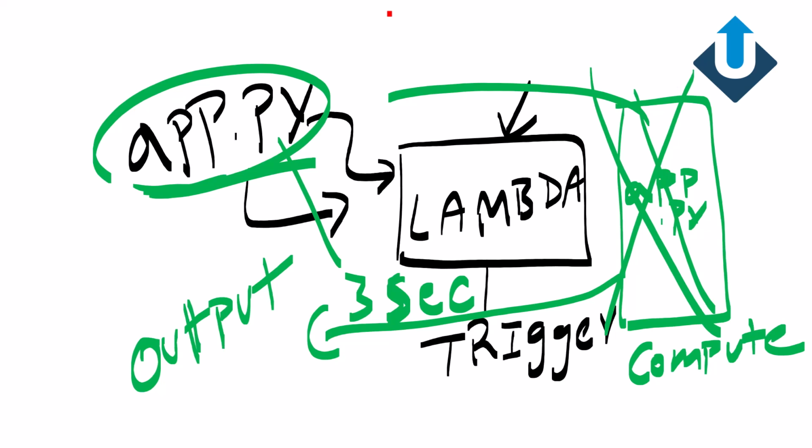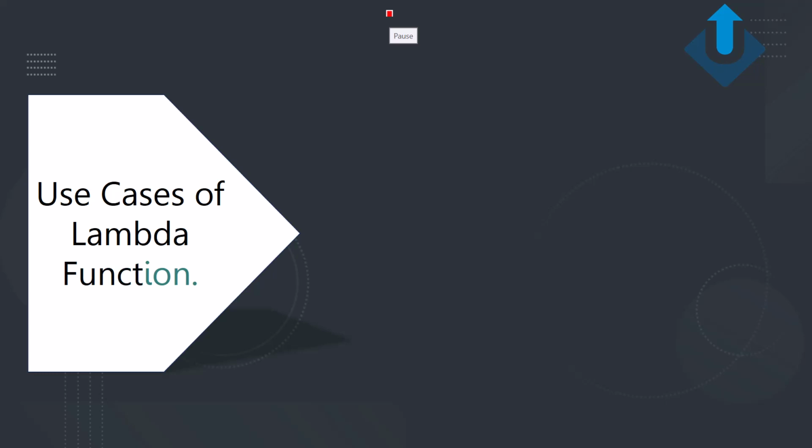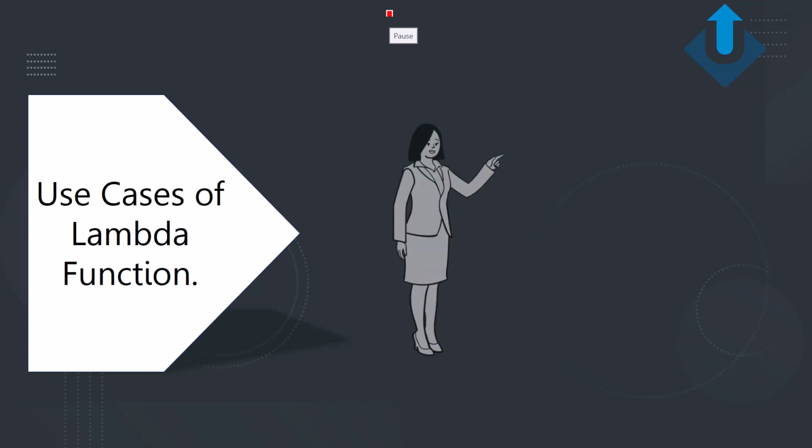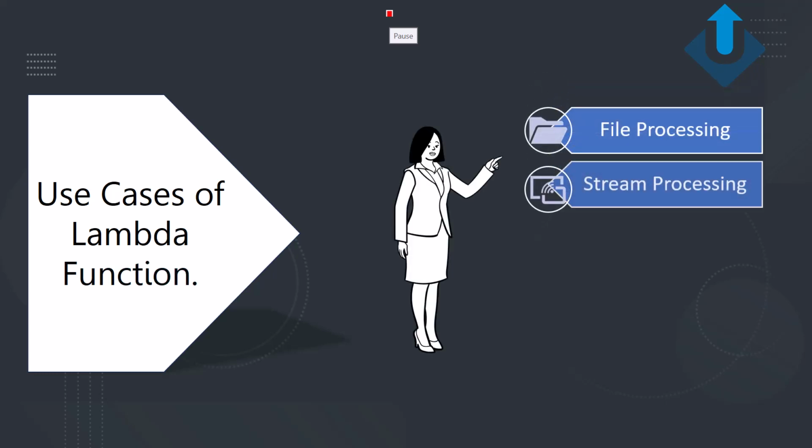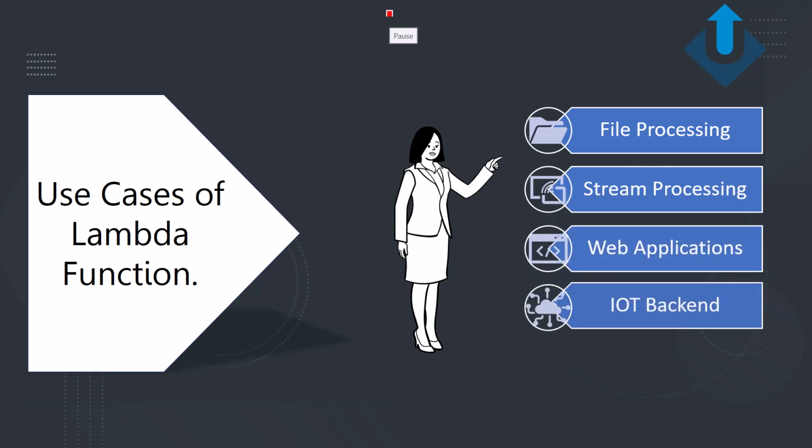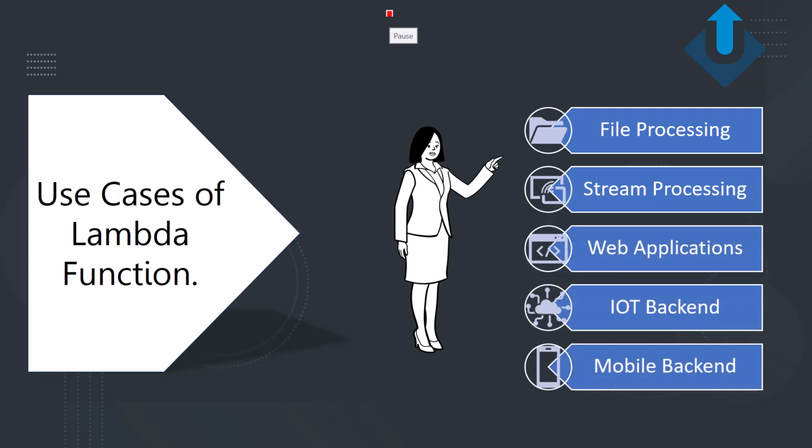Now let us understand some use cases for when you can use Lambda. You can use a Lambda function for file processing, or for streaming data processing, or for some web applications, or if you have some IoT applications, to run an IoT backend, you can use Lambda, or for a mobile backend.